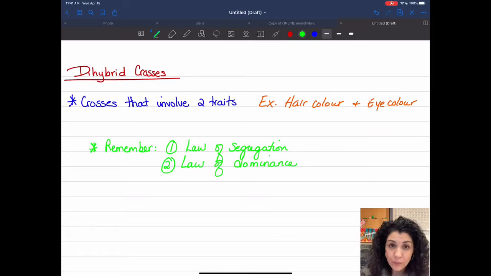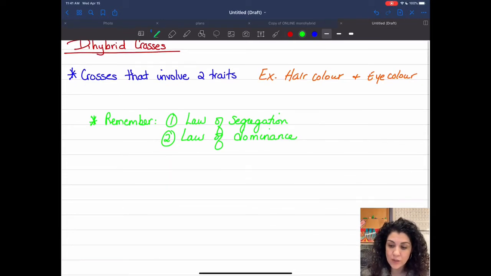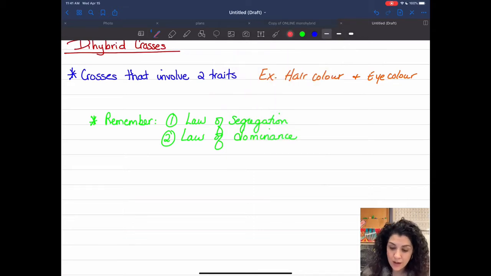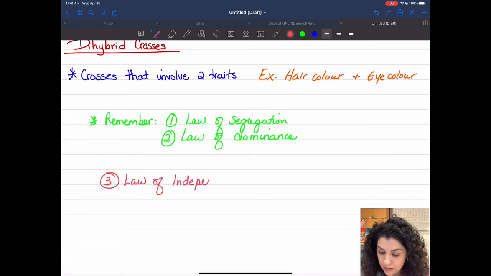Now the third law that we're going to look at when it comes to Mendel has to do with dihybrid crosses. The third law that we're going to examine is called the law of independent assortment.